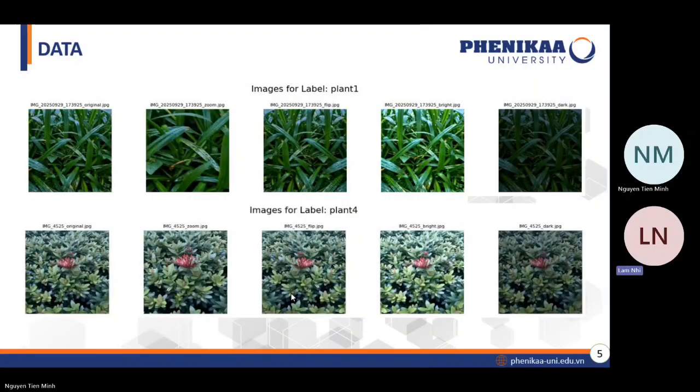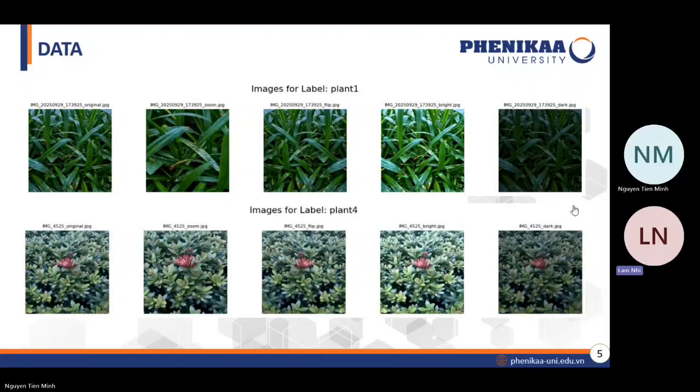Because the raw dataset was relatively small, 600 images is modest for training a deep CNN. We apply several data augmentation techniques to artificially expand the training data and improve the model's generalization.